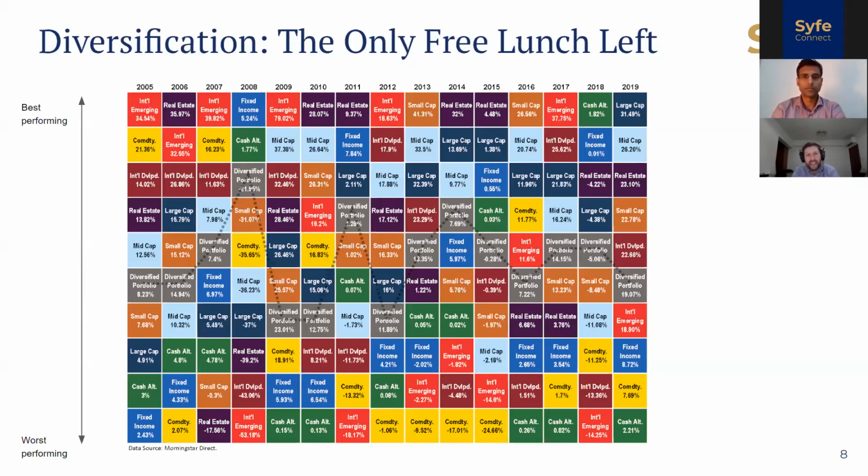What he meant is that if you follow diversification as a strategy, it doesn't cost anything to deploy, and you can benefit from that. The principle here is that you can't control or predict asset class winners, but through diversification, you can control risk, and this will help you stay invested.